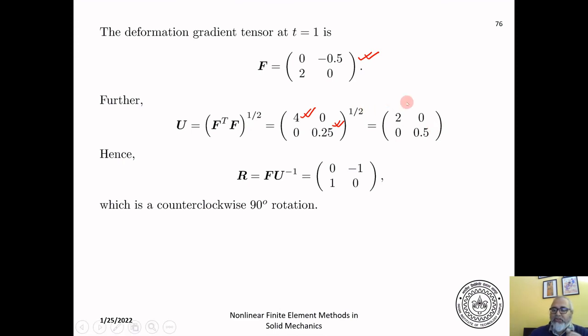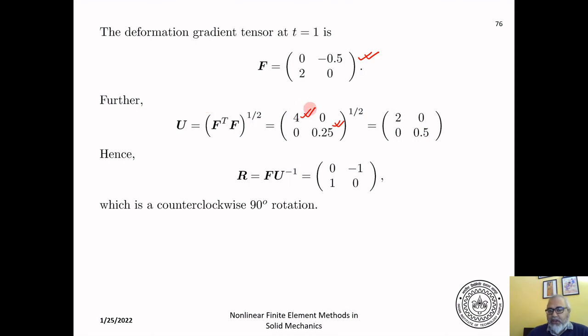This is a rather fortuitous case because I get a diagonal C, and then I can get the R by just doing F U inverse, and that gives me this, which is a counterclockwise 90-degree rotation.